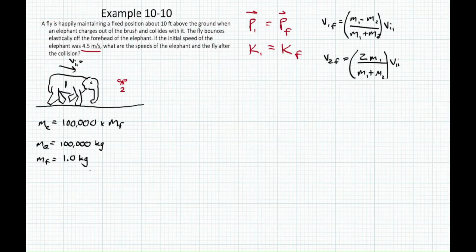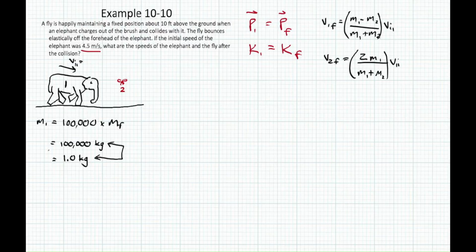That's pretty darn big, but it doesn't matter. The fact is that the size difference is very great. Mass 1 is considerably larger than mass 2. And I should write these as mass 1 and mass 2, not mass E and mass F for elephant.